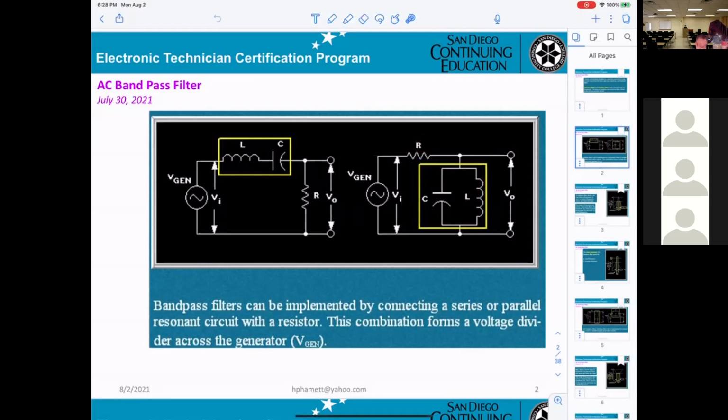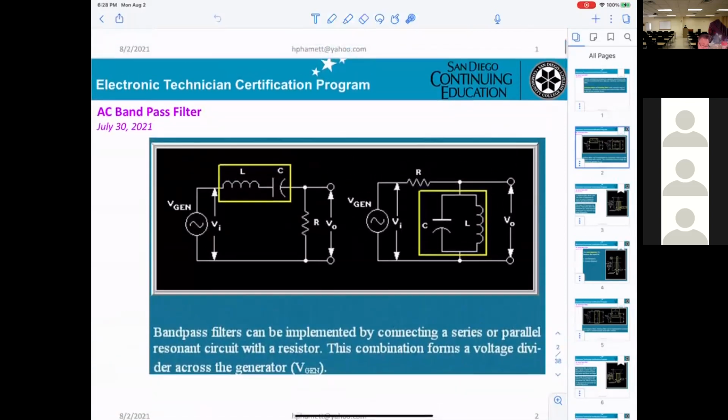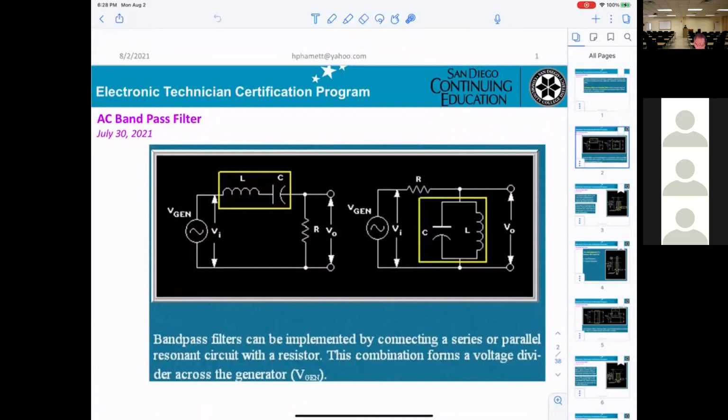Either one, they can connect series or parallel. So when you're looking into this circuitry, you can recognize that it will be a band pass filter.